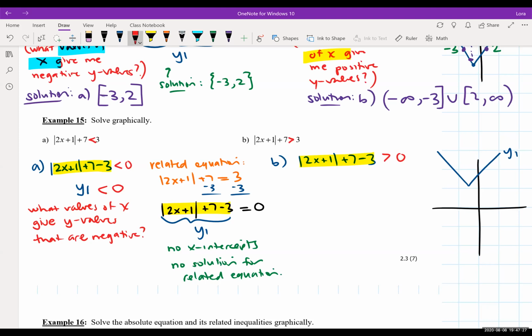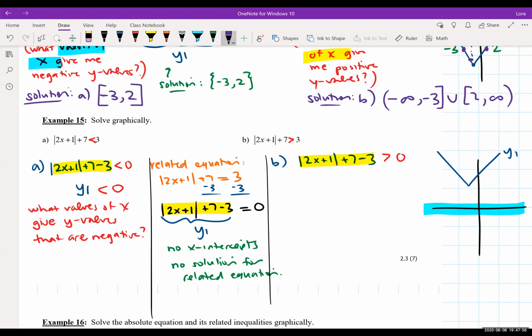So if you're looking at your graph to interpret this, remember how we used to talk about how the boundary points, the solutions to the related equation, would help us see if we have to break up the x-axis into certain regions. Well, if you look at your x-axis, there are no zeros, but you want to look at this and interpret: does your graph ever have a negative y value?